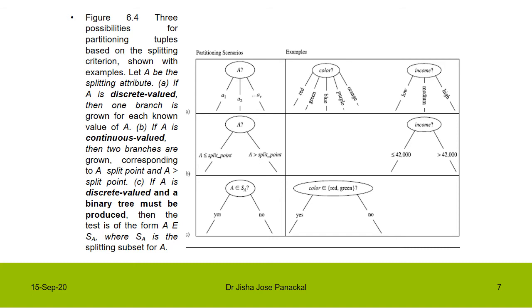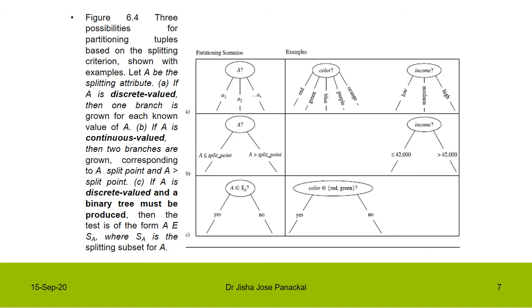So based on the nature of that attribute, we can split that attribute, and if it is of discrete value type, then one branch will be grown for each known value of A. For example, the attribute is color.